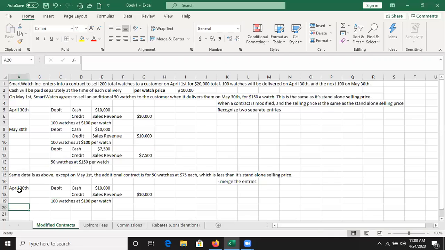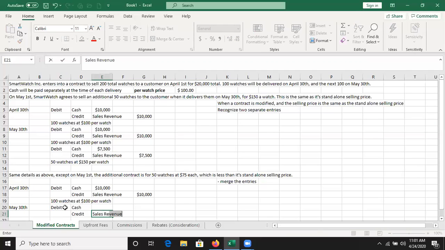But now on May 30th, okay, what GAAP says is when you modify the contract and you're not selling the new features, the new inventory items for the standalone selling price, you can merge the entries. So instead of doing two entries here, like we did, we're allowed to do just one entry. So one debit to cash, okay, and one credit to sales revenue.